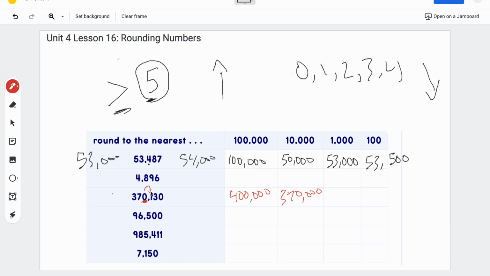So this tells me that this number is closest to 370,000. This number is between 370,000 and 380,000. Which one is it closest to? It's closest to, you guessed it, 370,000.